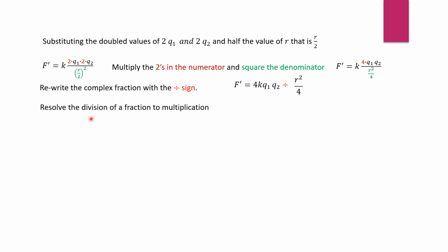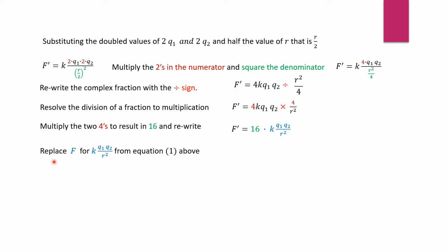Now resolve the division of the fraction to multiplication, that is F dash is equal to 4 k q1 q2 multiplied by 4 divided by r square. This is reciprocal of this quantity, changing the division sign to multiplication. Now multiply the two 4's to result in 16 and rewrite it as F dash equal to 16 k q1 q2 divided by r square.